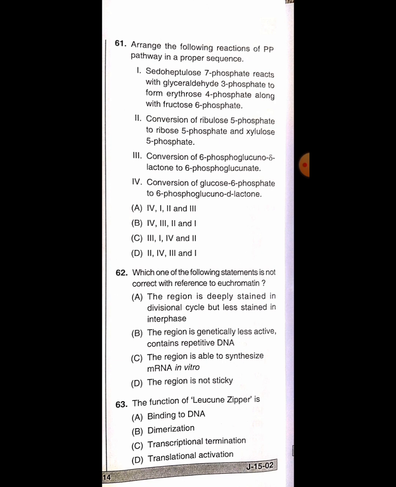Conversion of 6-phosphogluconolactone to 6-phosphogluconate. Conversion of glucose 6-phosphate to 6-phosphoglucono-delta-lactone. You have to tell the correct order for these steps. I'm going to give you the answer.